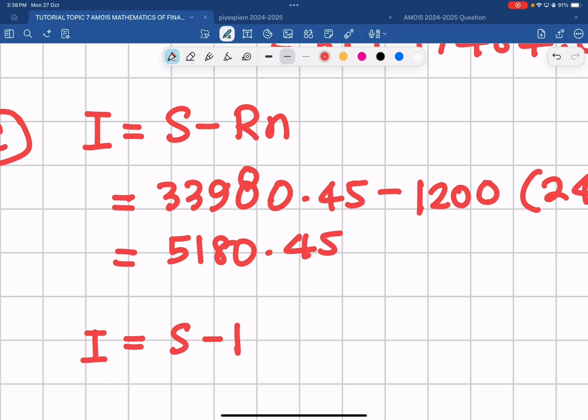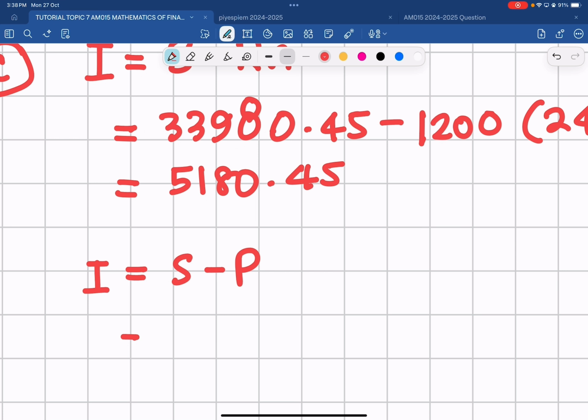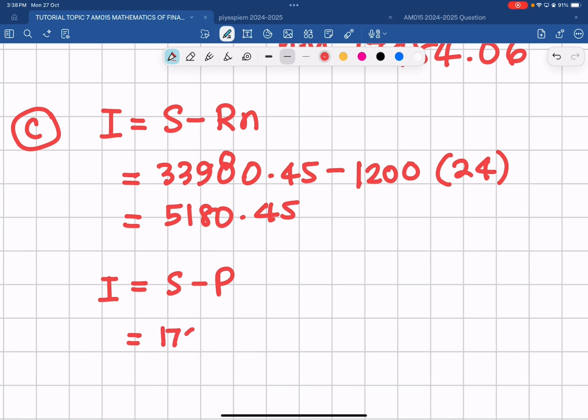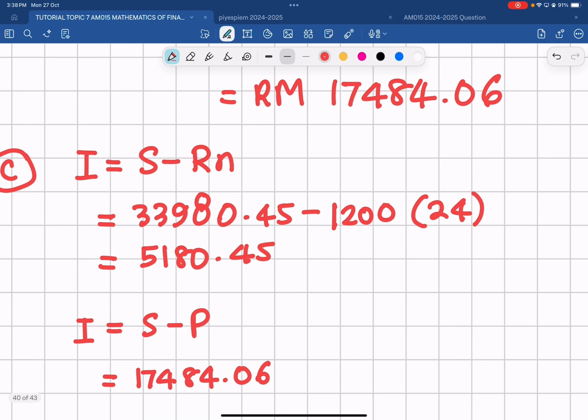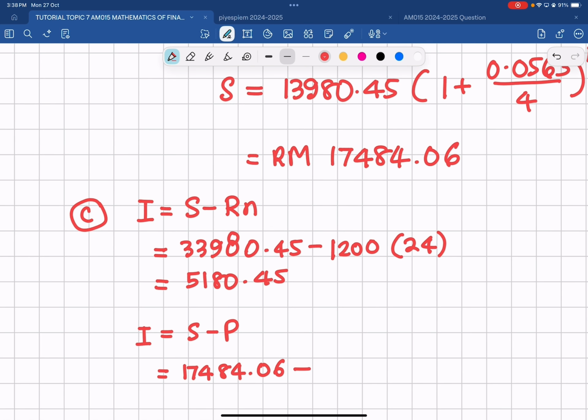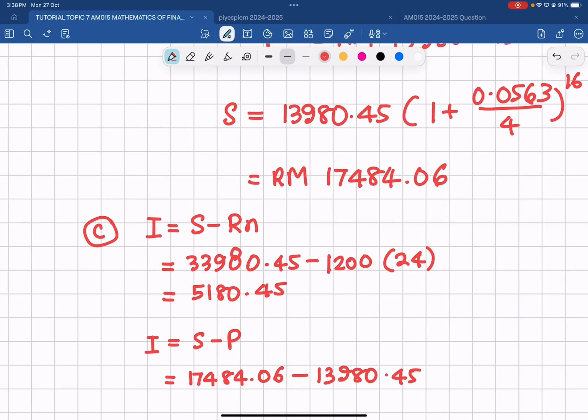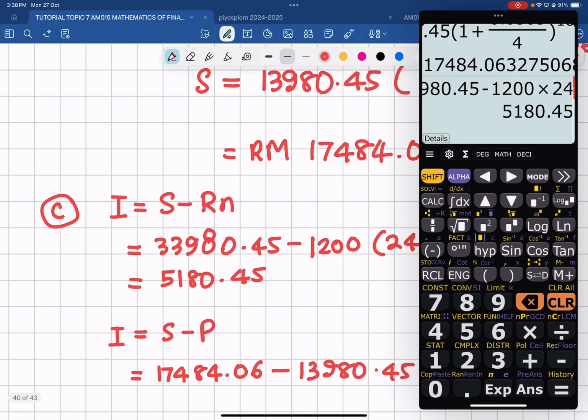S tolak dengan P. Our new S, 17484.06 minus the P. What is our new P? 13980.45. 17484.06 minus 13980.45.